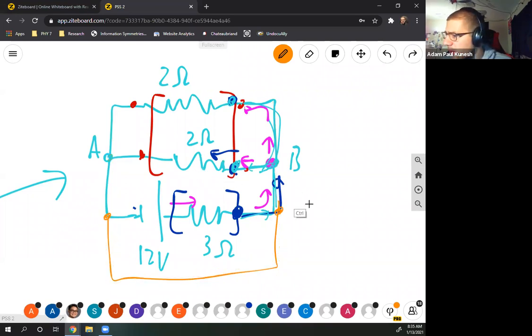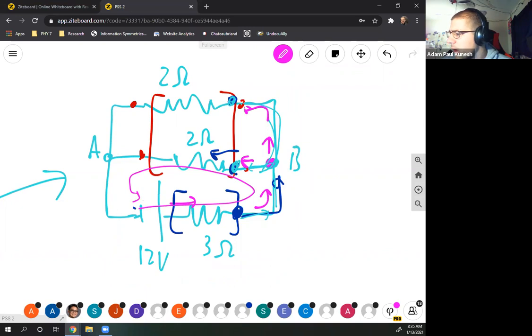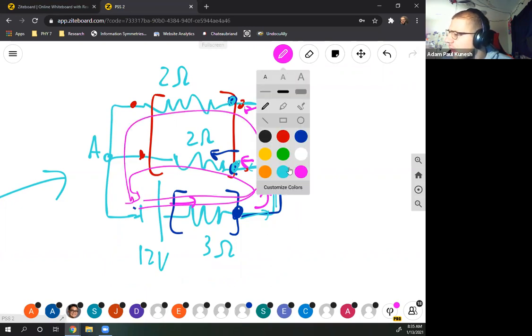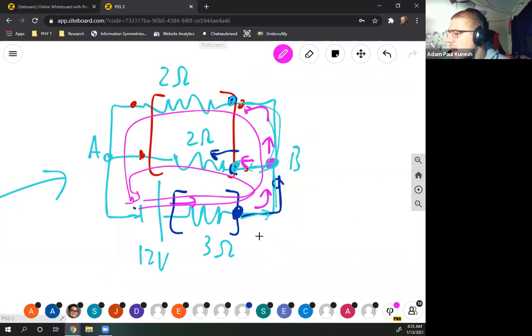To come back to the question, if I had only these upper loops, I'll draw them in pink, loop 1 here and loop 2 here, then in order to calculate the battery voltage I would actually need 3 terms. If I use this lower loop, I would say delta V battery, then I encounter my first resistor, plus delta V R1.